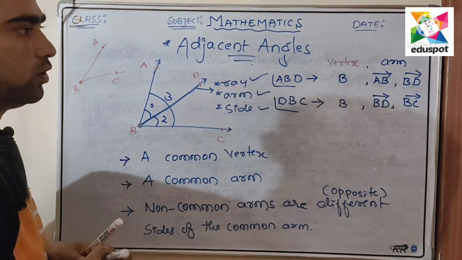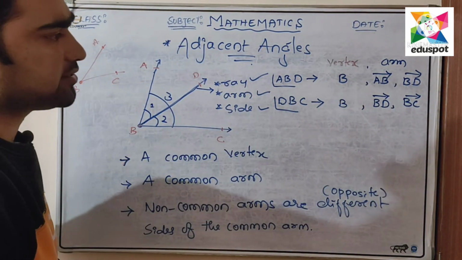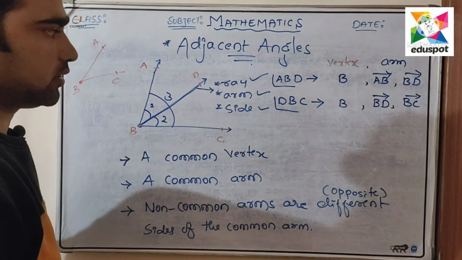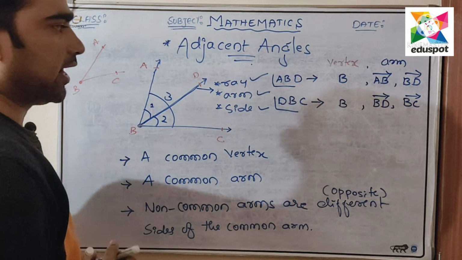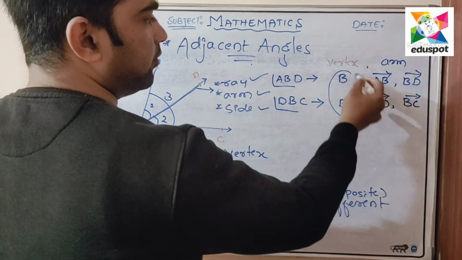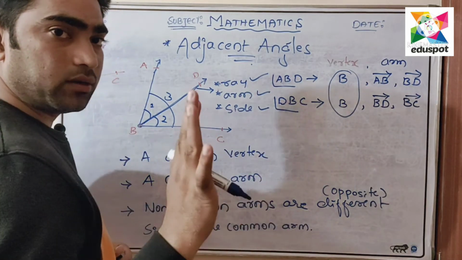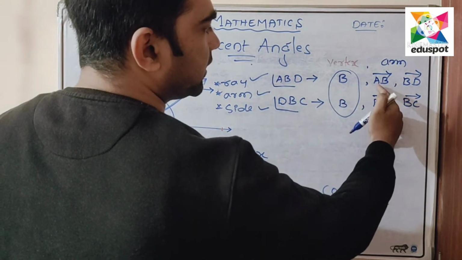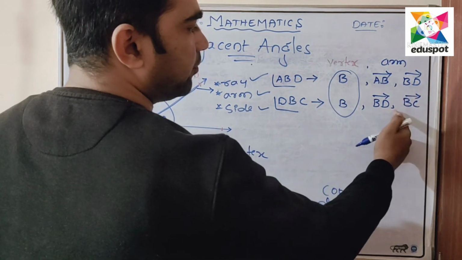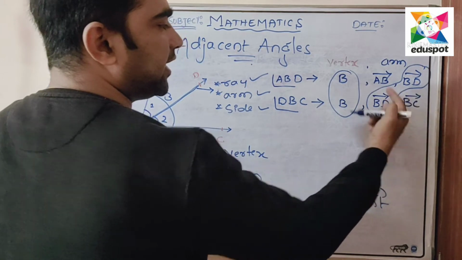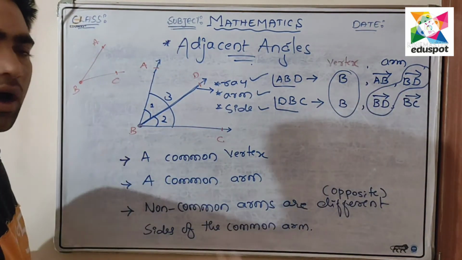Dear students, let's see whether there is any common arm and common vertex in these two angles. Observing this, B is the common vertex we got. What about arms? Here AB and BD, BD and BC. You can observe that BD and BD are the common arm.